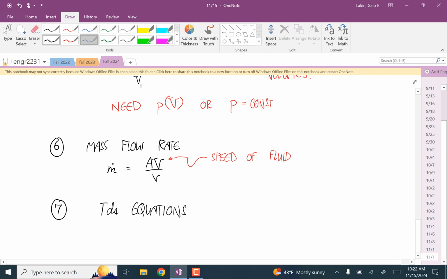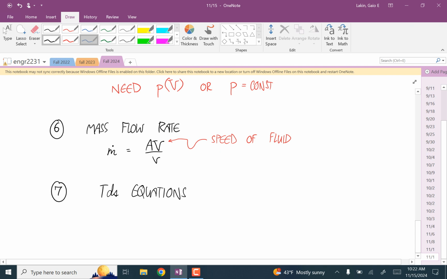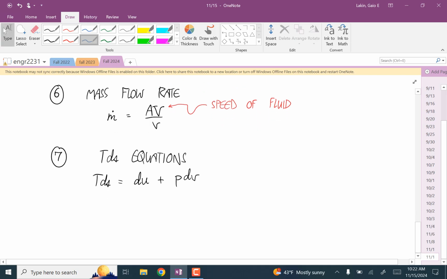These always hold. It just isn't always practical to use them in this form, but in any process, these hold. The first says TdS is equal to du plus P dv, and those are all specific quantities. And the second one says TdS is equal to dh minus v dP.